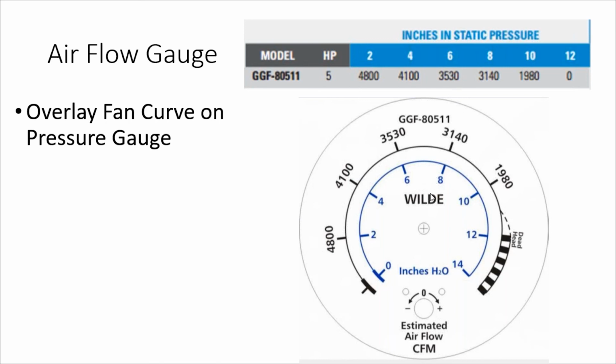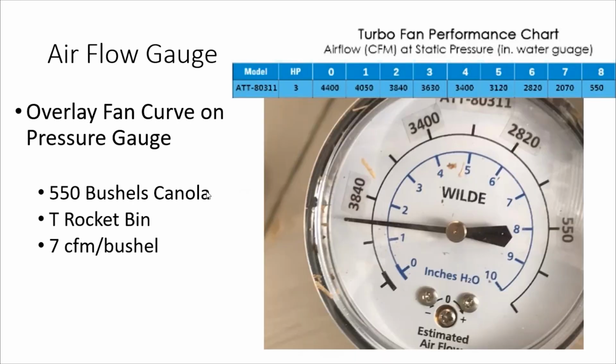And the beauty of this is that when you're filling your bin, you can gradually see exactly what your CFM per bushel is. You can calculate it at every load. Now here is just an example of a bin filling event. This is using a turbo fan, a 3 horse turbo fan.